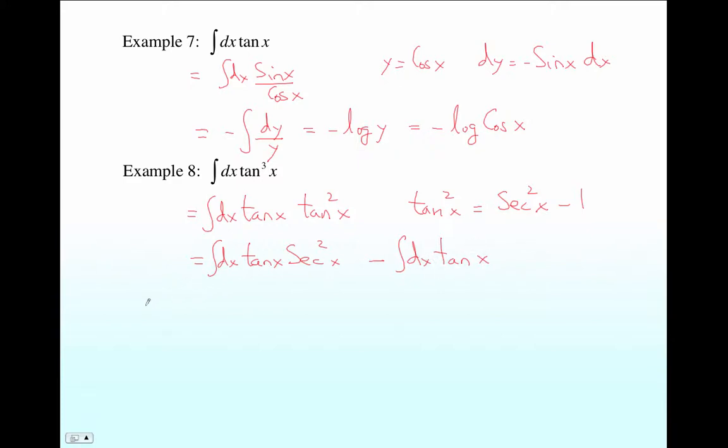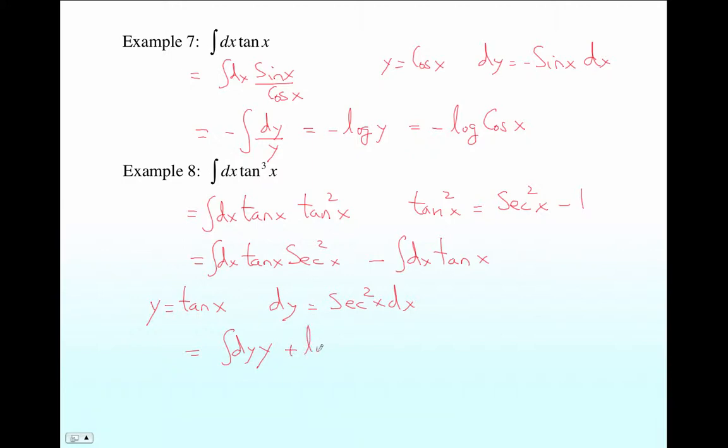In the first integral, let me make the substitution y is tan x. If I do that, then dy becomes sec squared x dx, and the sec squared x dx over there becomes just dy, and tan x is y, so that's the integral of y dy, minus the second one, which I'm going to write as what's above.